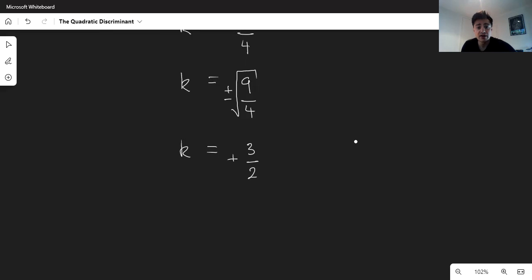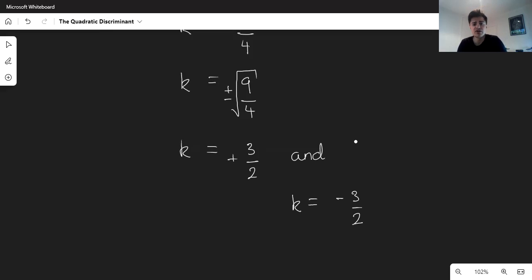We will have a positive value of that, and we will have a negative value of that. So there are two possible values of k for this quadratic equation that gives us one solution, meaning giving us one x-intercept for that equation.